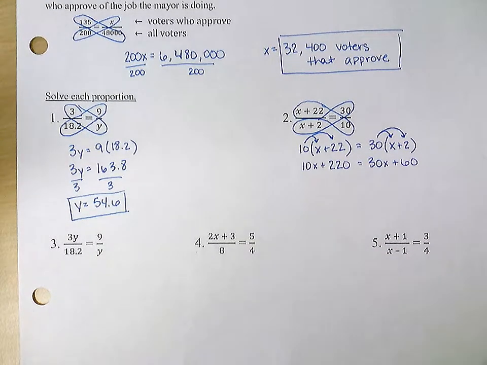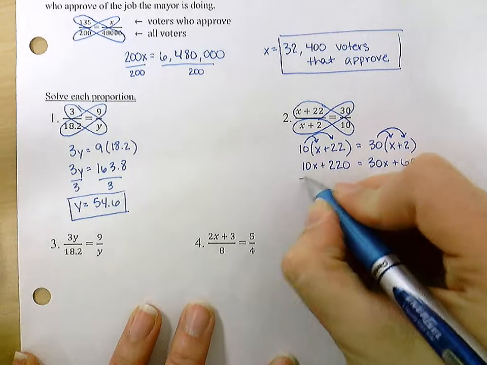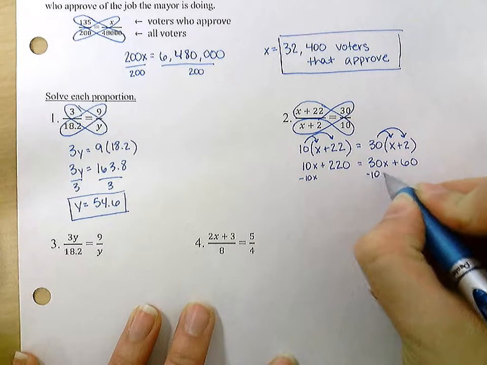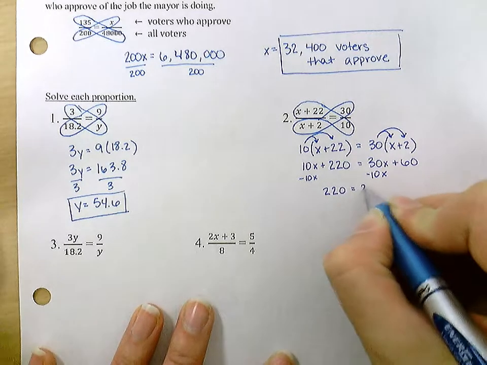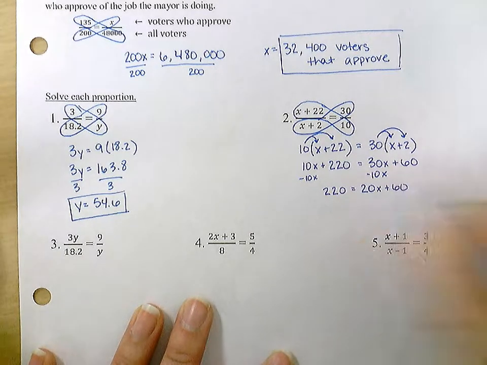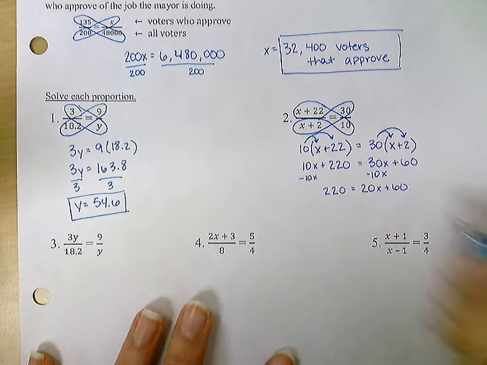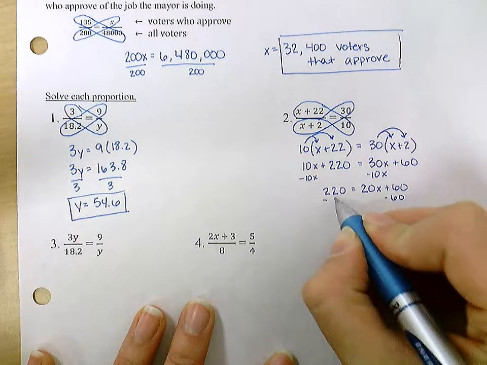Now I can continue to solve for x. So I'm going to subtract 10x from both sides. Subtract 60.